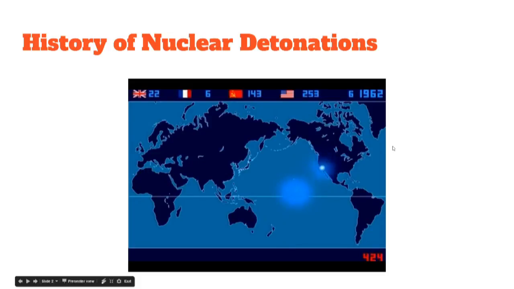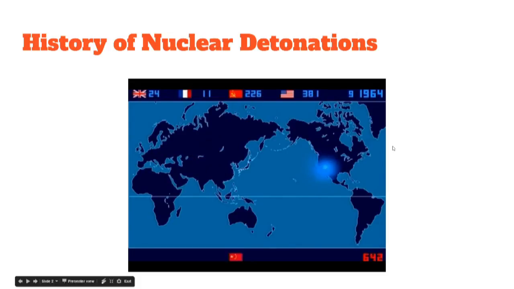So now we get in kind of the height of the Cold War, and see both the United States and the Soviet Union are feverishly testing weapons. France does a few. Yeah, the actual cost of one weapon is probably in the high millions.